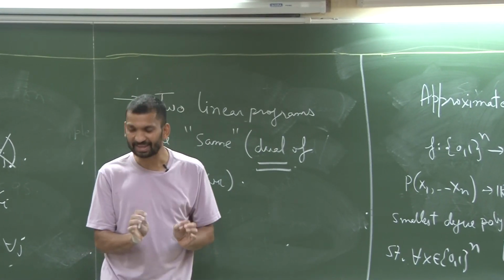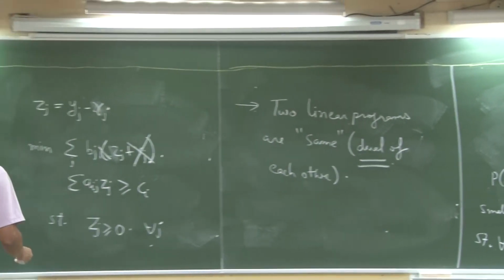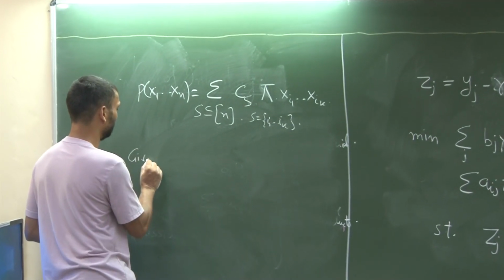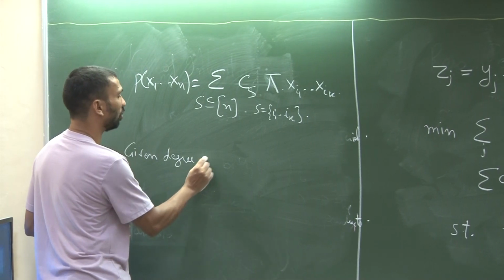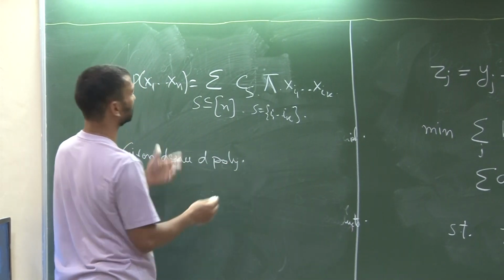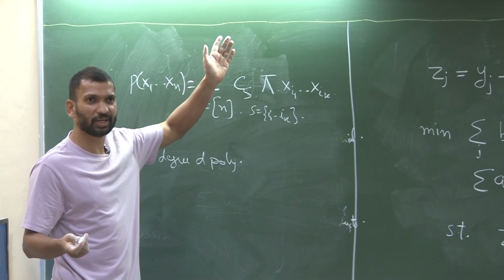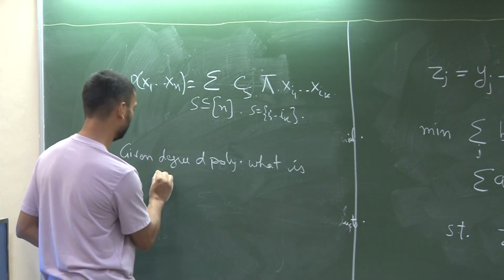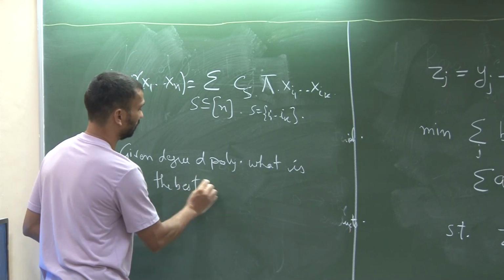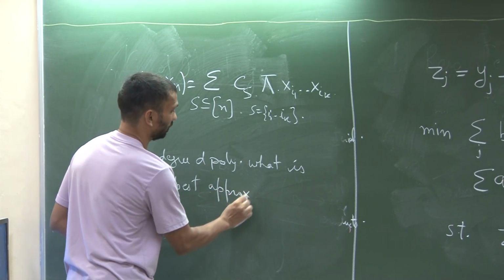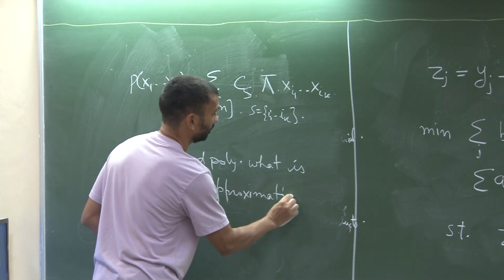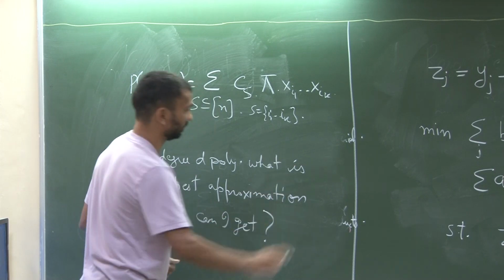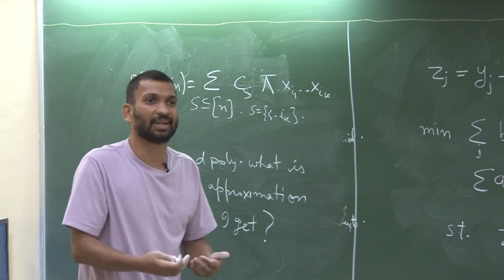Okay, so we are going to slightly change our problem, and we are going to say, given all degree d polynomials of this kind, because you don't need higher degree, what is the best approximation I can get?